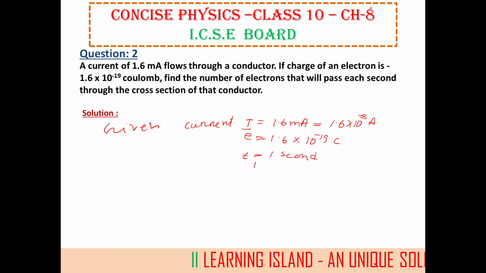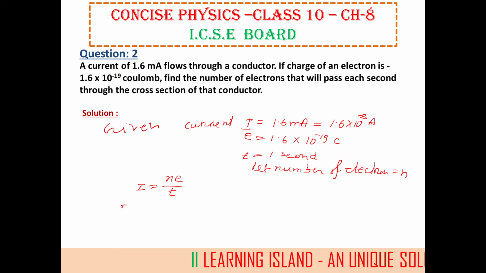I will have to find out the number of electrons. So let the number of electrons equal n. Again the same formula I can apply: I equal to n e by time.